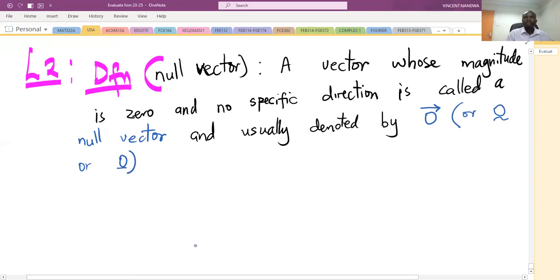So that's what we call a null vector. In the plane, we can write the null vector as 0i plus 0j. So all the components have the value 0, or in the case of 3-space we have 0i plus 0j plus 0k. So that's a null vector.